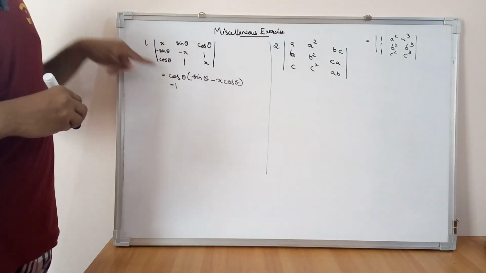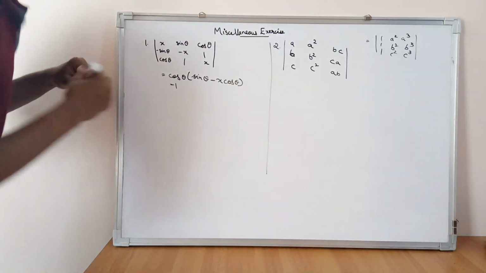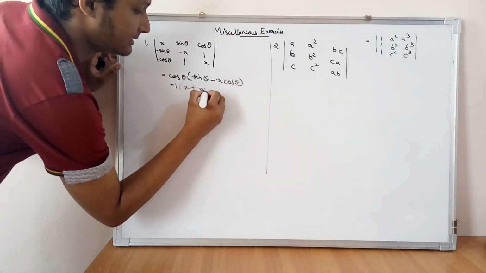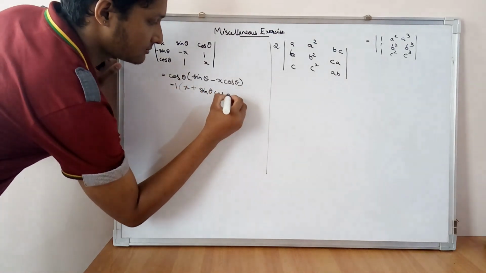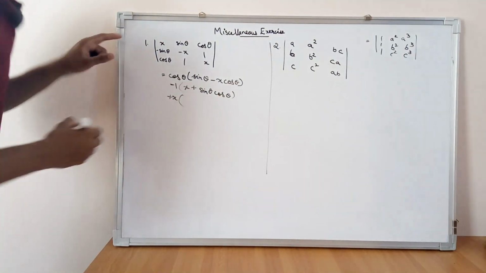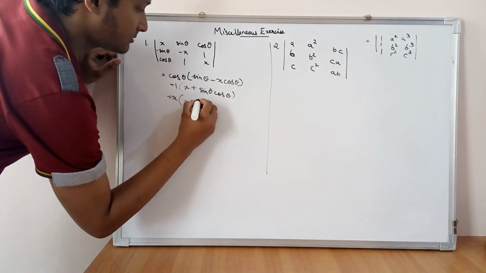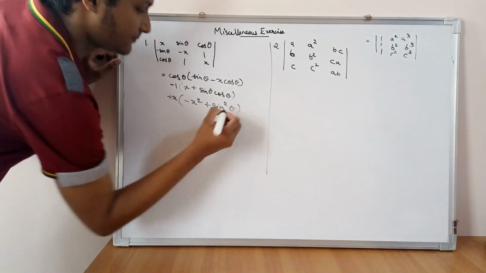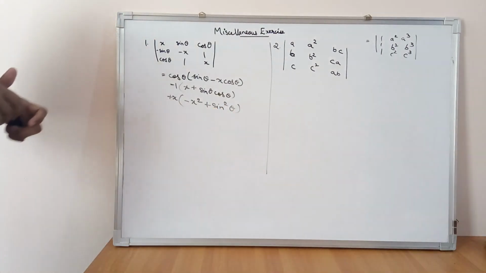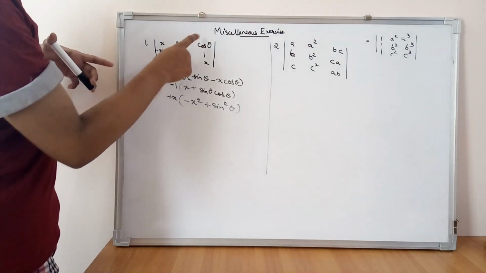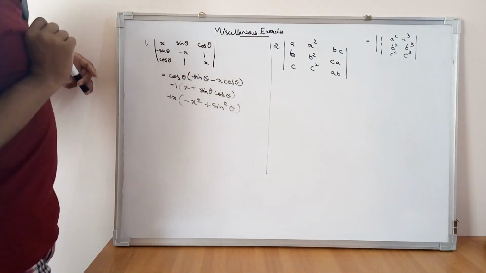So minus 1 into x plus sin theta cos theta. Then you have x remaining, plus x into minus x square plus sin square theta. Okay, we'll see what is going to remain over here.